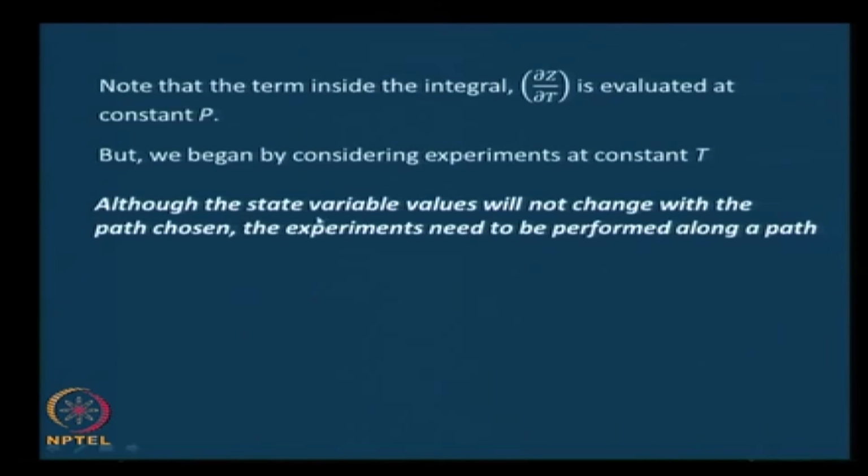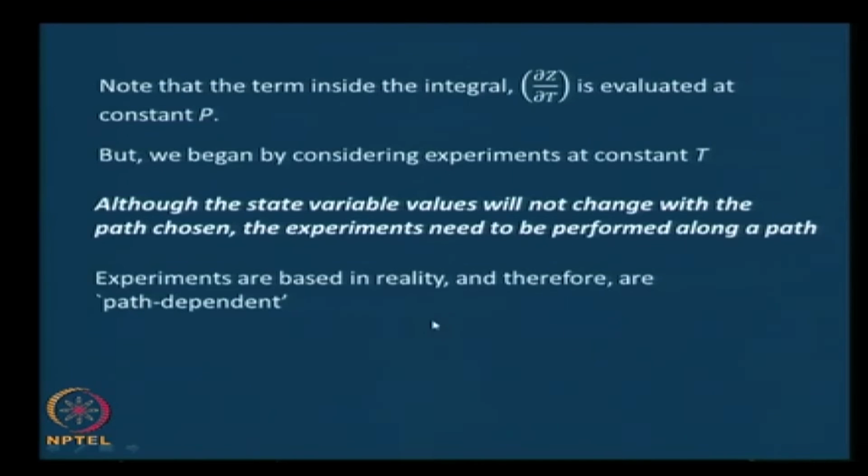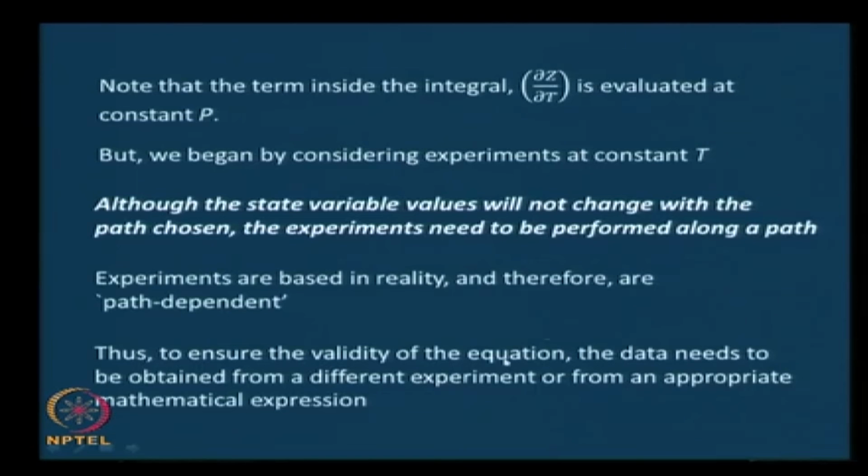Although the state variables will not change with the path chosen, the experiments need to be performed along a path. Experiments are based in reality and therefore are path dependent, and therefore to ensure the validity of the equation, the data needs to be obtained from a different experiment or from an appropriate mathematical expression. Okay. So, the ∂Z/∂T at constant P data needs to be obtained from a different set of experiments, not the same constant temperature experiment. That will not be valid here.